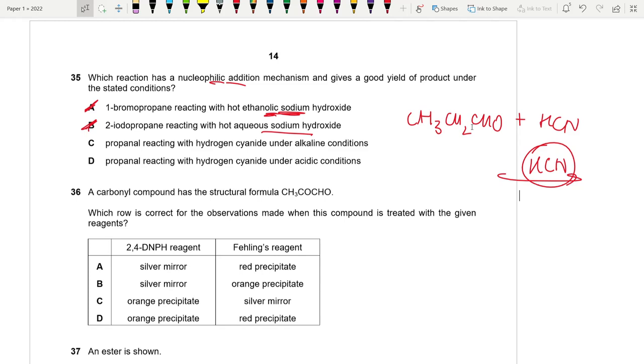So it acts as a source of cyanide ions, which act as the nucleophile which attack the CHO on propanal. So to get maximum yield, we actually need alkaline conditions. So the correct answer is C. This will give us maximum yield.